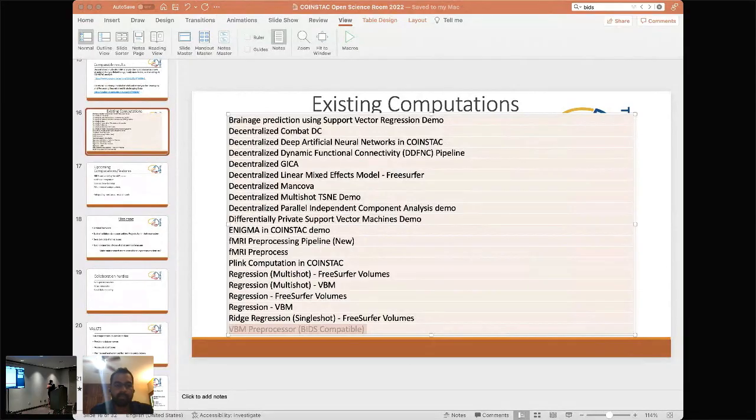Is that something that you guys are developing or looking at in terms of how people see how the consortium is using COINSTAC? How do people see, not who runs what, but just how often it's used and how powerful it is?